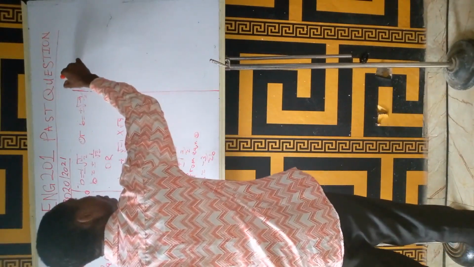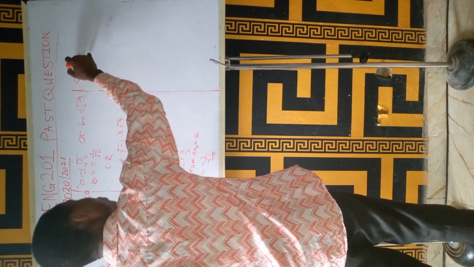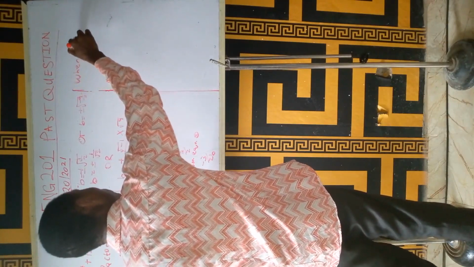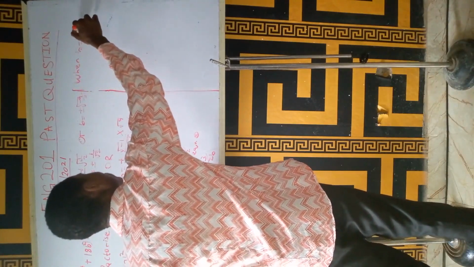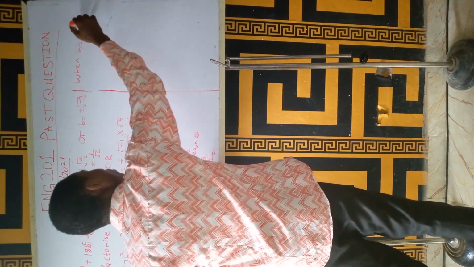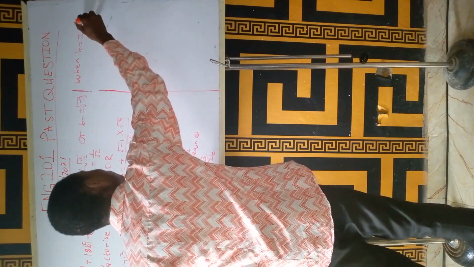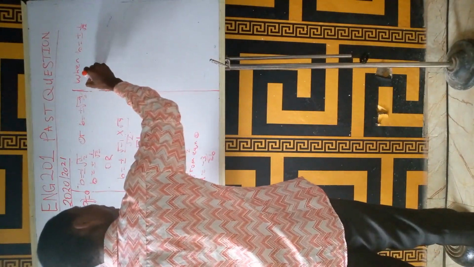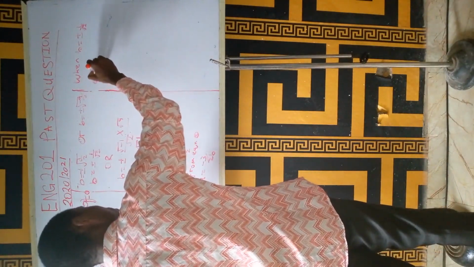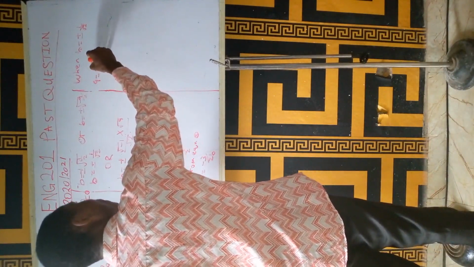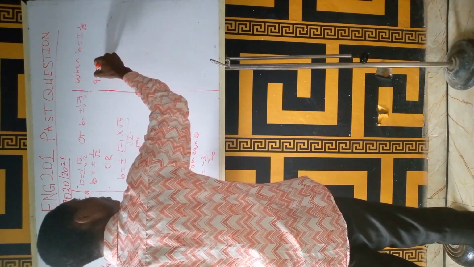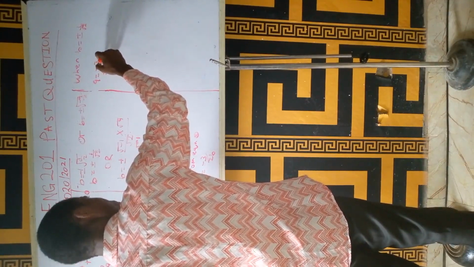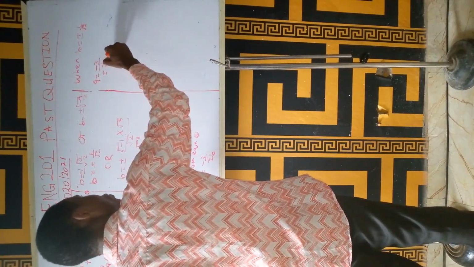A equals, when b equals plus or minus 1 over root 2, you are going to have something like this. A equals minus 3 plus or minus 2 times 1 over root 2.